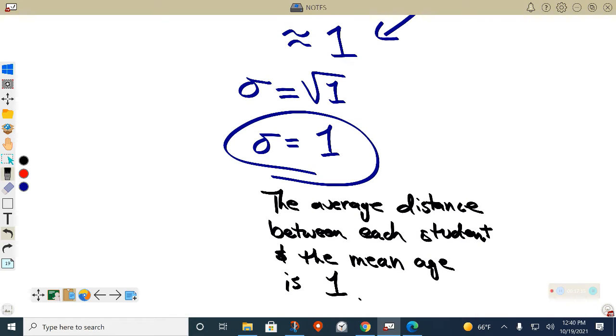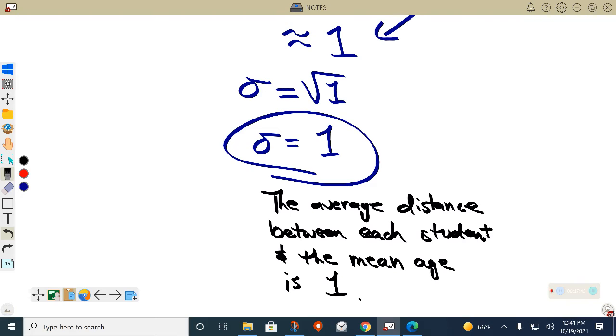So it tells a researcher or someone who's studying this class, you know what? Most of the kids in this room are about 1 year away from the average of 16. That's the average distance for each student from the center of the students. So it gives an idea of how spread out the data is.